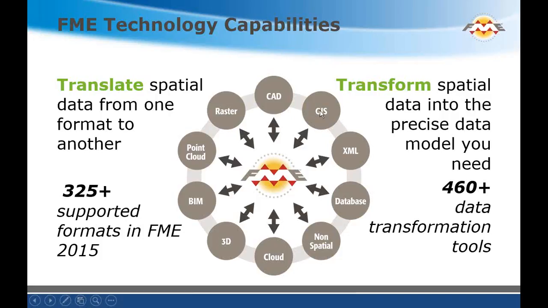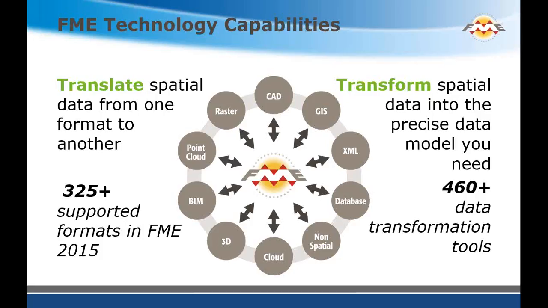So all your various AutoCAD and GIS formats such as TAB and SQL. We have XML databases, both spatial and non-spatial, so Oracle, SQL Server, geodatabases. Recently, they've made a move into the cloud services. There's 3D data, BIM, and then they also support a lot of point cloud formats and raster.